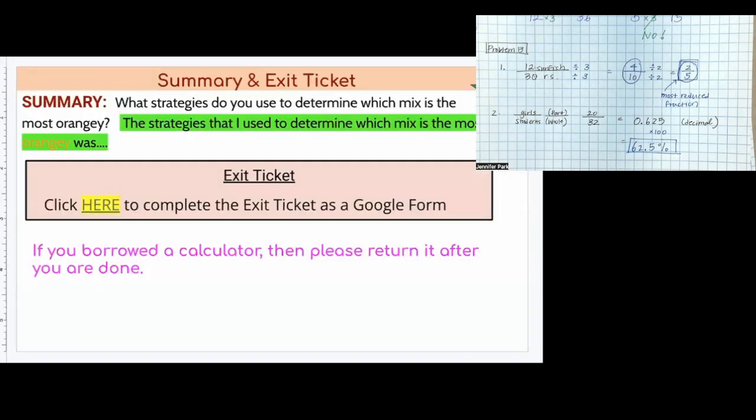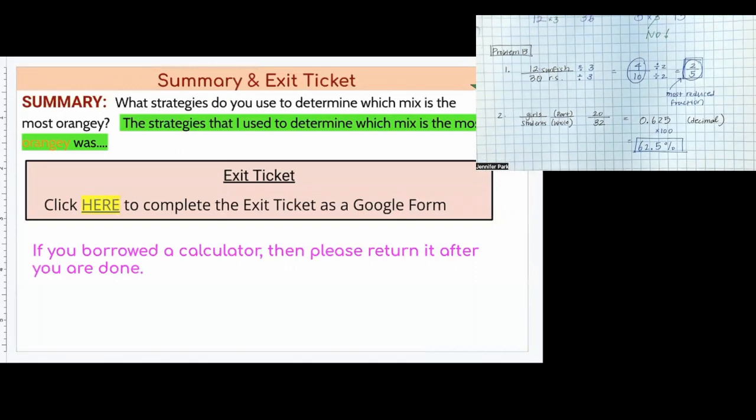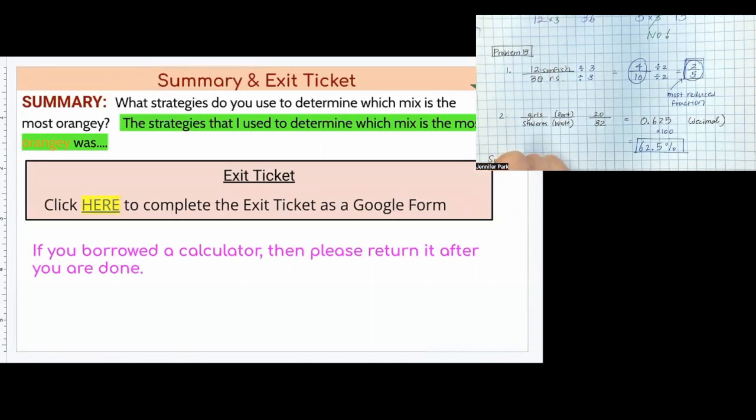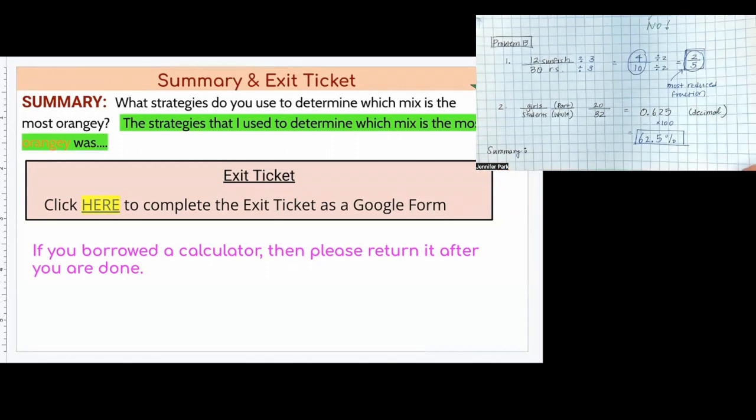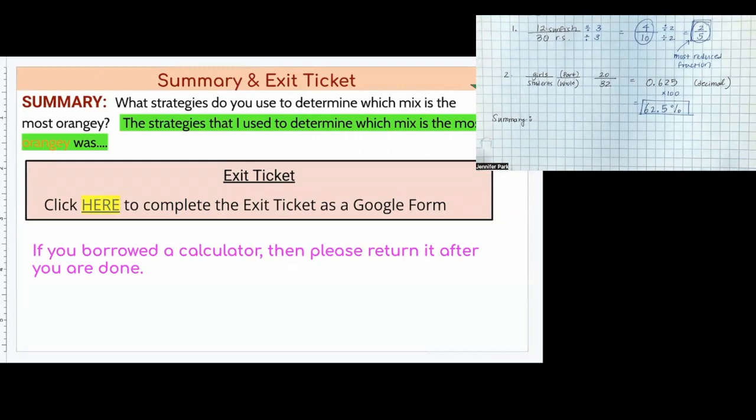Now we're in for the last part. We are going to write down the summary. So, summary, you're going to answer this question. What strategies do you use to determine which mix is the most orangey? If you forgot, you can go back to your notes.